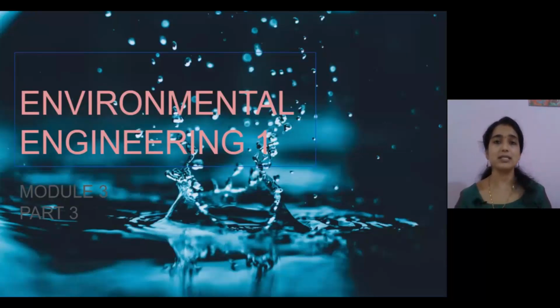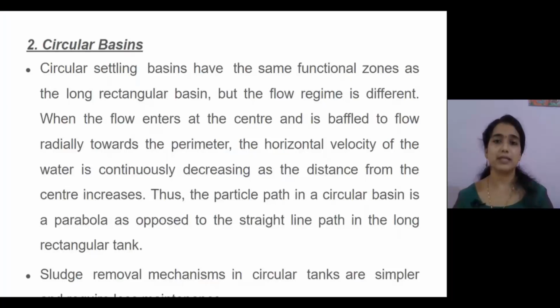As the name suggests, the sectional view will be circular, that is, it will be a cylindrical tank with a central feed, and the flow will emerge from the center and distribute over the periphery of the circular basin. The circular settling basins have the same functional zones as the long rectangular basin, but the flow regime is different.